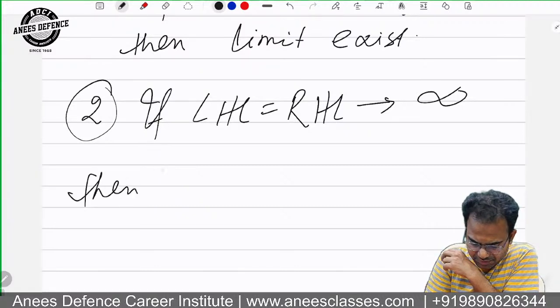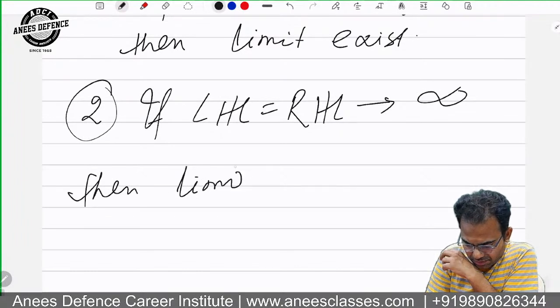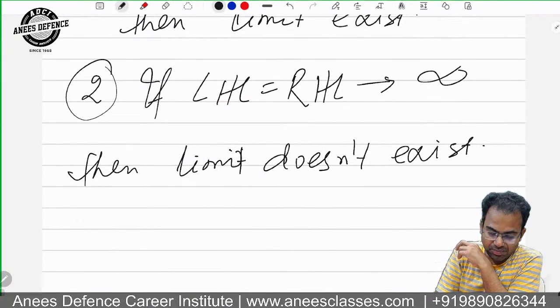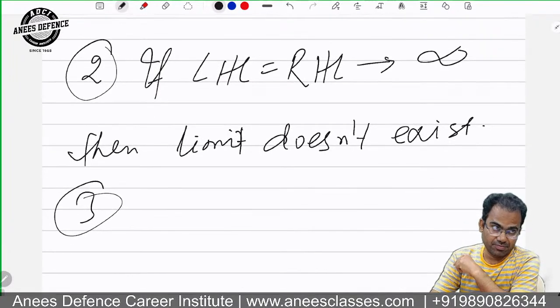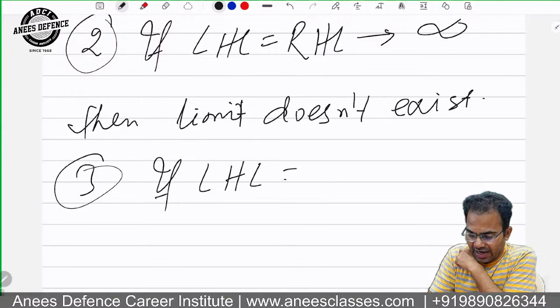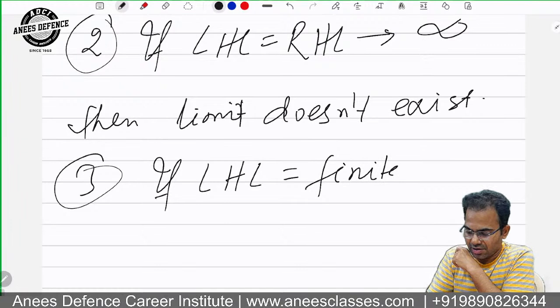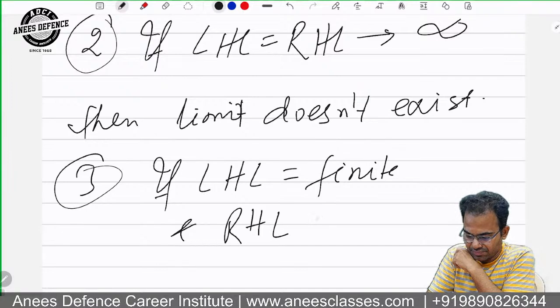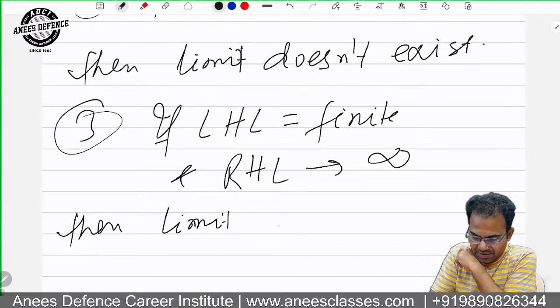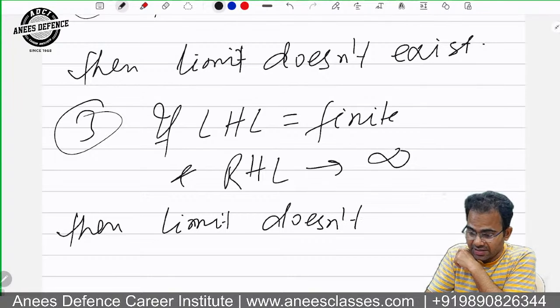Then the limit does not exist. Number third, write if LHL equals finite and RHL equals infinity, the limit does not exist.